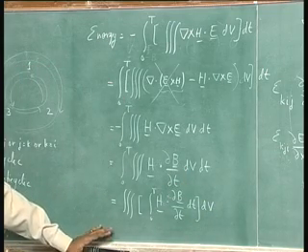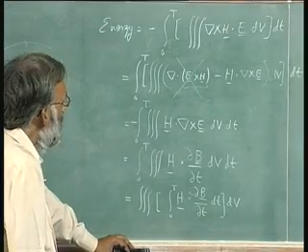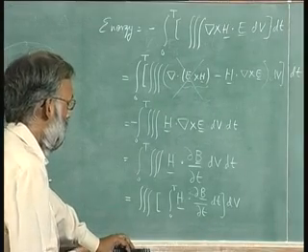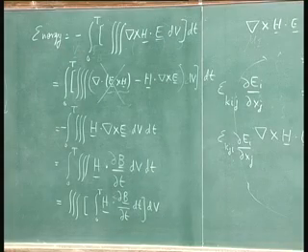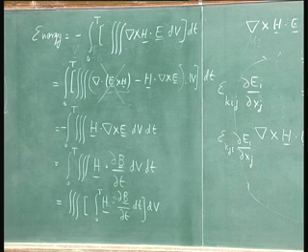Now, here is where we will make an approximation. Supposing it is true that we are working with a linear system, supposing B is equal to mu h. If B is equal to mu h, then we can simplify that integral.